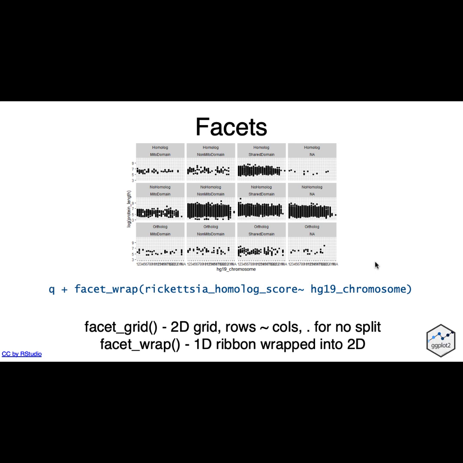Asking questions about something not very intuitive, like a rickettsia homolog score compared to its location on the chromosome, might not be such an intuitive thing. But what you'll find is when you are thinking about your data, you can ask questions about relationships between different features of your data. Let's say a subcellular localization, or the age of a mouse.